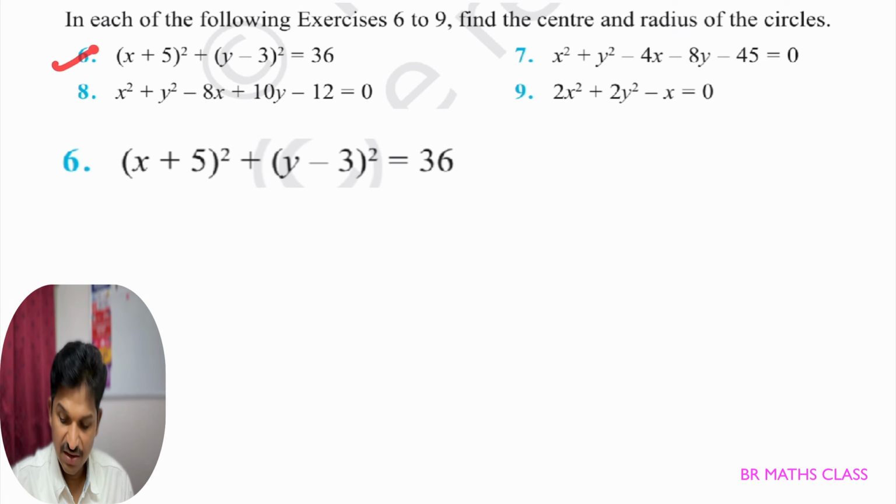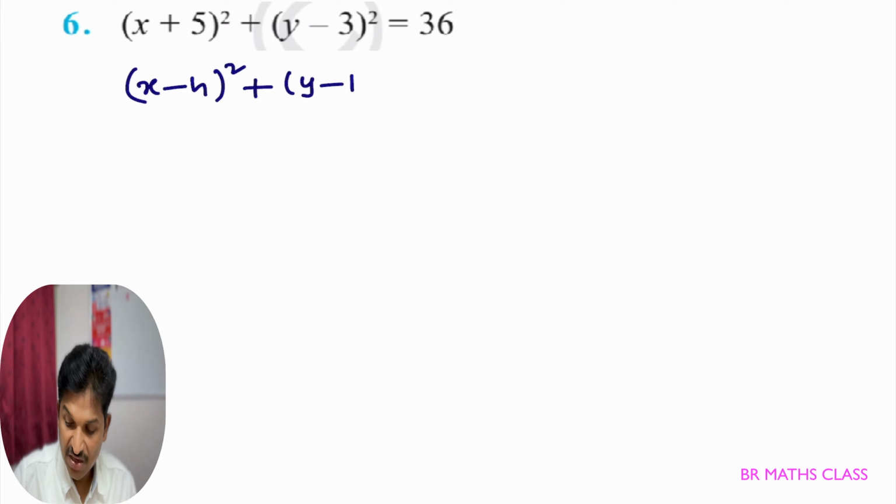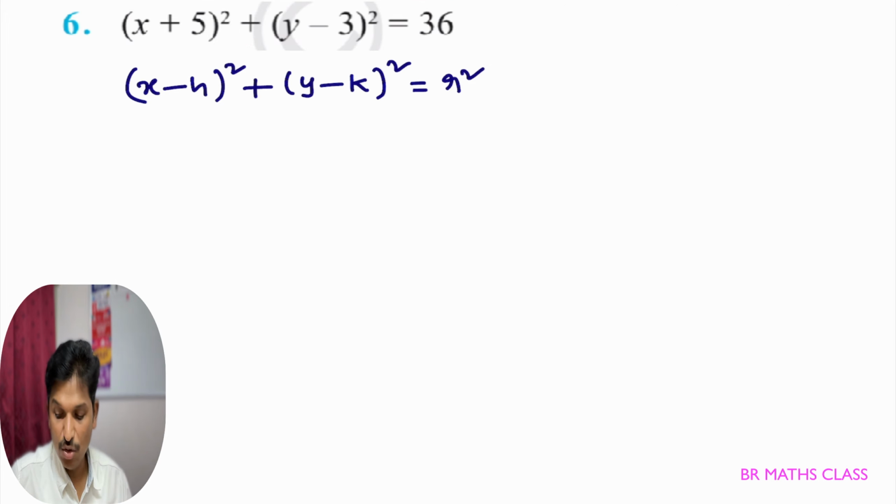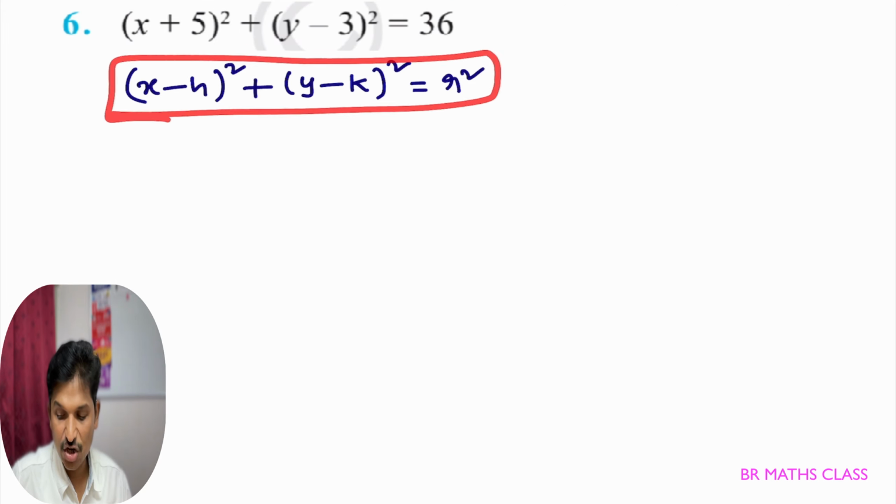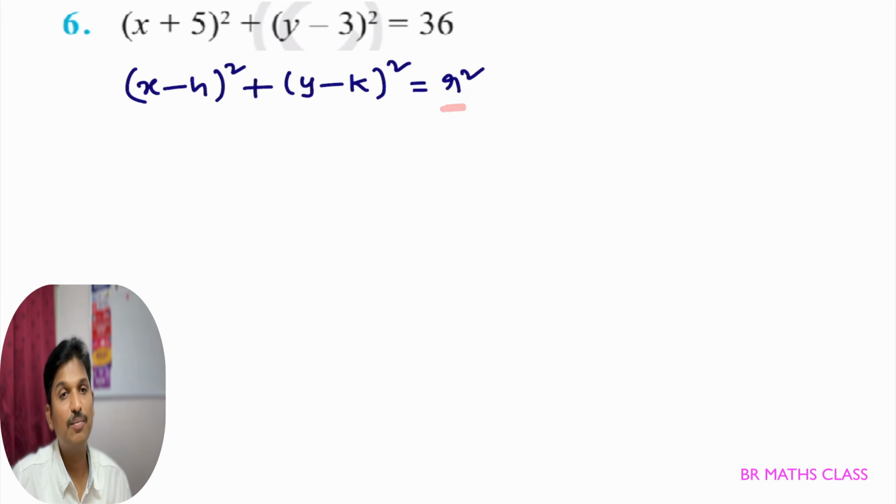See here, 6th question. We need to find center and radius. To find center and radius, I'll compare this equation with this, (x minus h) whole square plus (y minus k) whole square equal to r square. I know that for this, center is (h, k), radius is r.